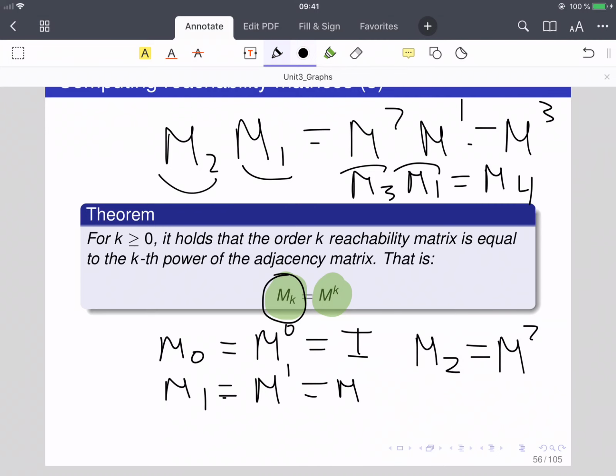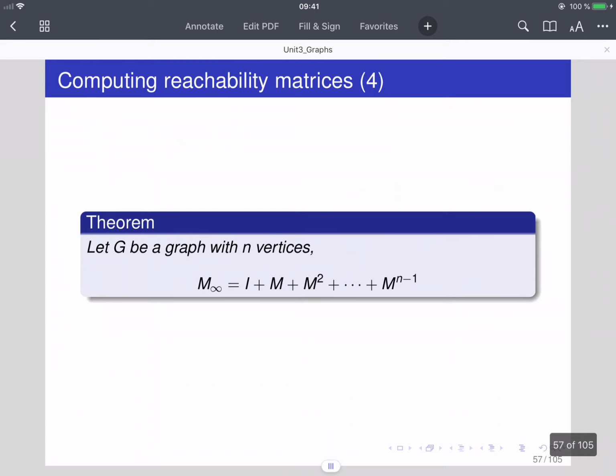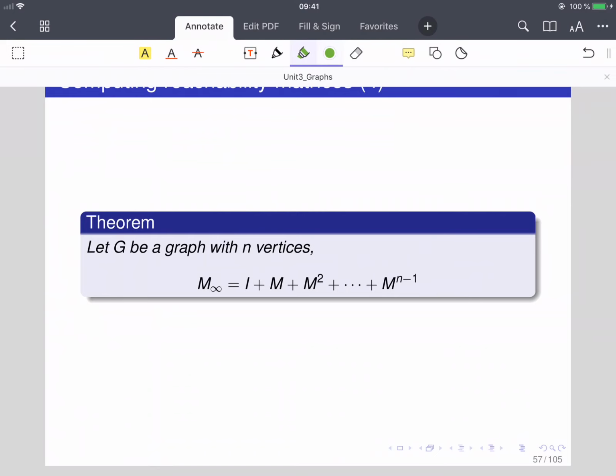That is not so because, as we can see in the last theorem of this lecture, if the graph has n vertices and we want to compute the reachability matrix, that is the matrix that gives us whether there is at least one path between a pair of vertices or not, we don't need to compute all the reachability matrices.